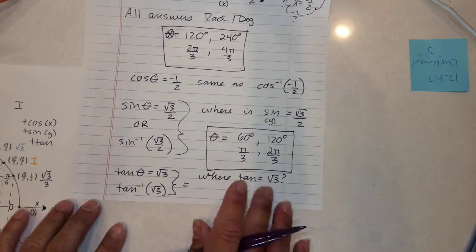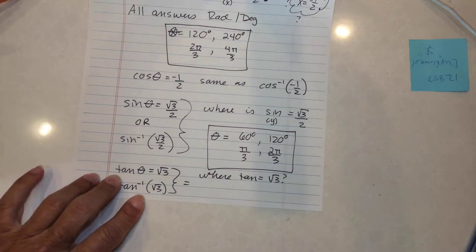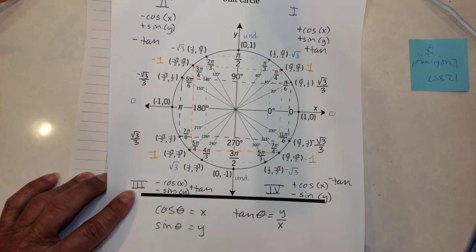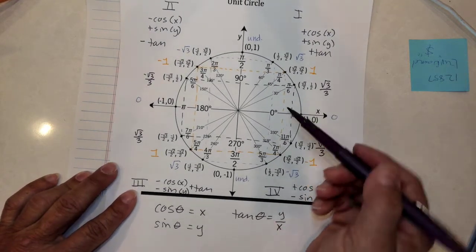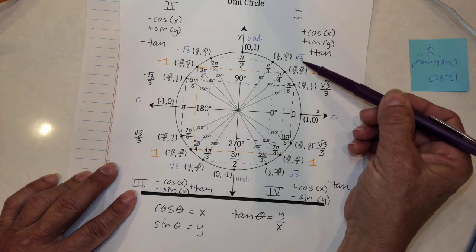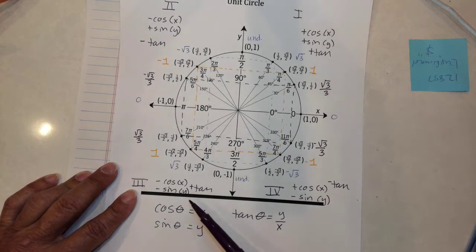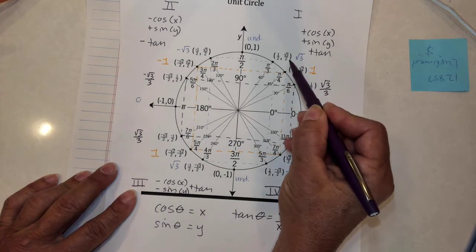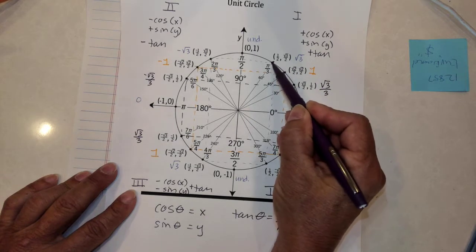So I'm going to go to my unit circle. I don't want to have to do y over x every time, so I'm glad I have written my tangent values on here. I'm looking for a positive root 3. Tangent's positive up here, and keep in mind tangent's partner is always straight across. So I locate a spot right here that has the tangent of root 3, and that's associated with this dot right here.